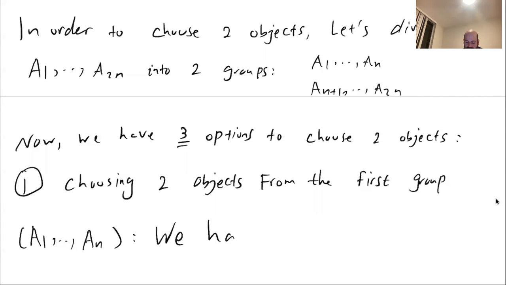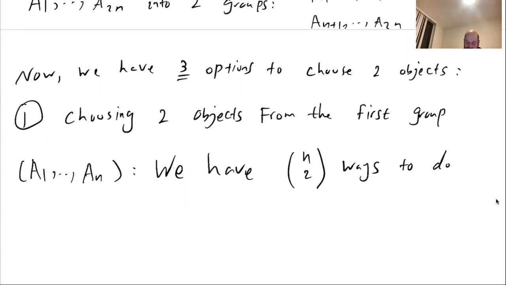We have n choose 2 ways to do this. I have n objects. I want to choose 2 of them. In how many ways can I do that? n choose 2. n choose 2 counts the number of ways to choose 2 objects out of n objects in total.